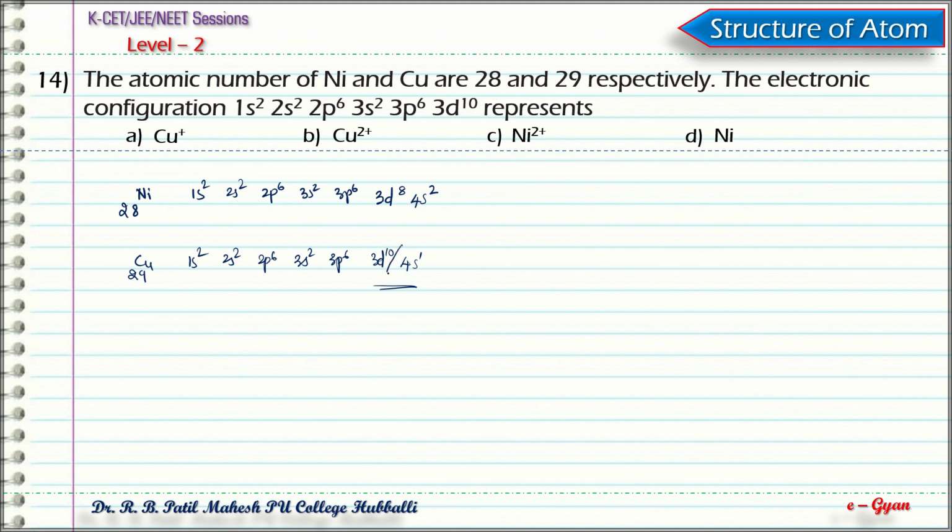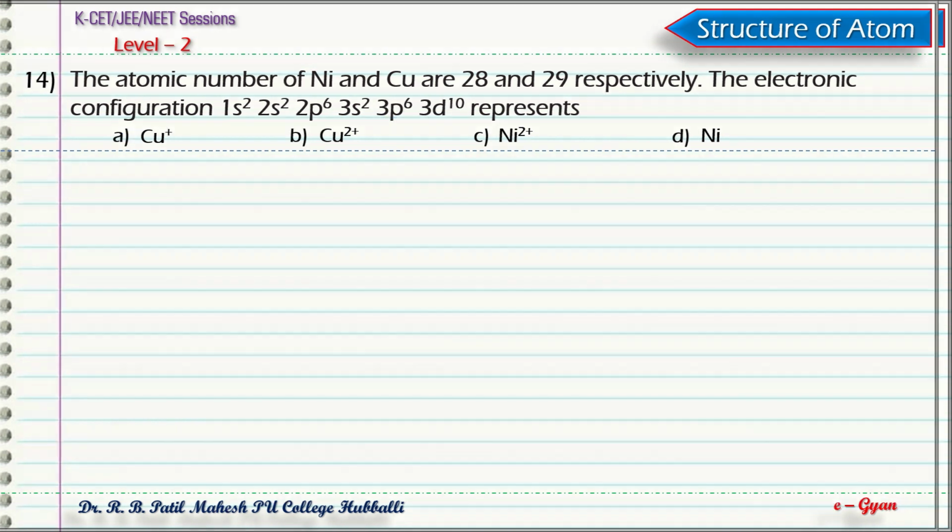So by the loss of one electron, we get the electronic configuration 1s2, 2s2, 2p6, 3s2, 3p6, 3d10, which is the given configuration, and copper by the loss of one electron gets the Cu plus 1 oxidation state. So for question number 14, option A is the correct one: 1s2, 2s2, 2p6, 3s2, 3p6, 3d10 represents the Cu plus ion. Moving to the next question.